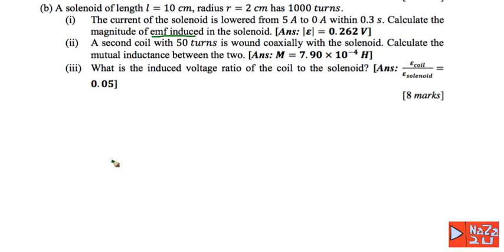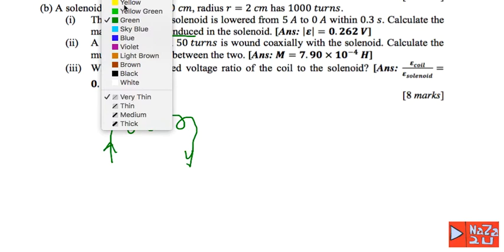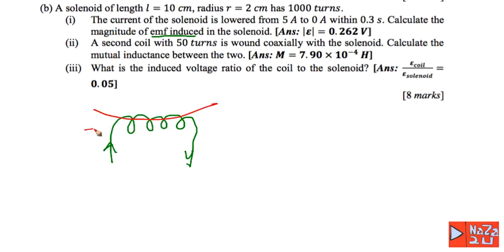So let's say you have the solenoid here and the current flow. As you know, when the current flows in the solenoid, we have produced the flux linkage here, and the length of the solenoid is given by 10 cm, right?